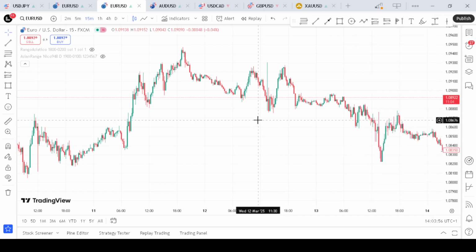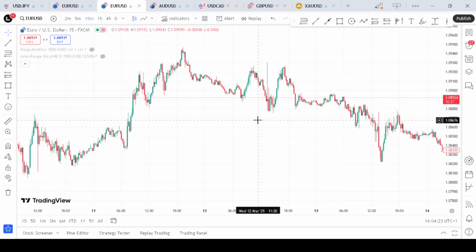This strategy does not rely on complicated indicators or complex algorithms. Instead, it emphasizes your ability as a trader to carefully observe and interpret price action within a clearly defined time frame. During the Asian session, the market often trades within a relatively tight range, establishing clear high and low points.